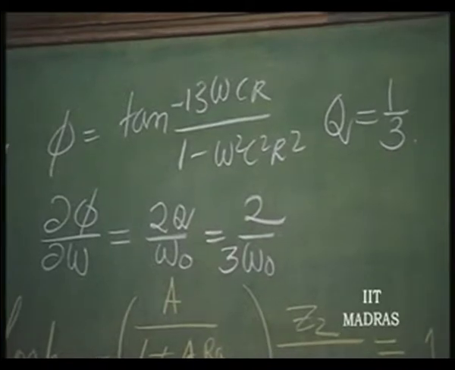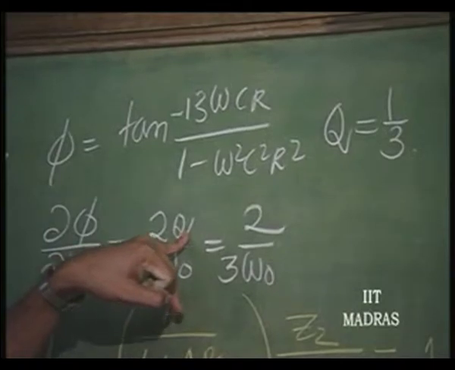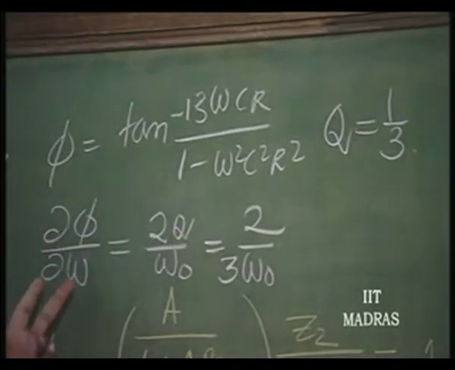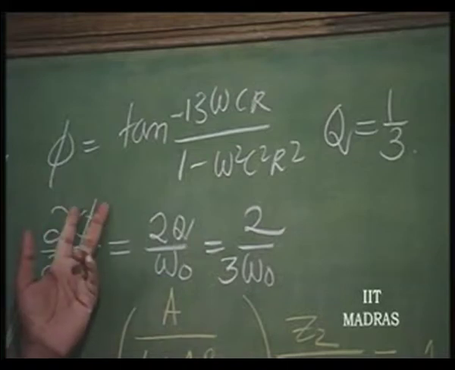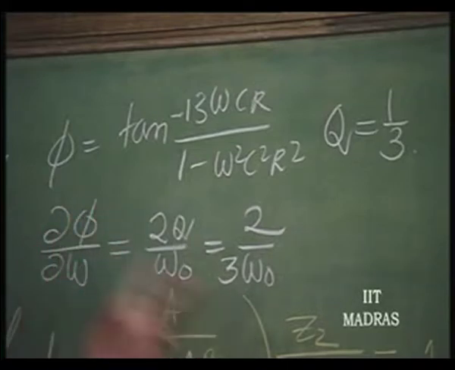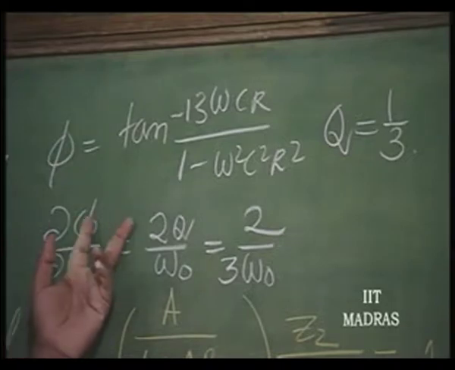Whereas, in the previous example q was equal to 500. So, you could see that by a small change in frequency you could reach the required phase change. Here you require considerable change in frequency in order to have a particular phase change. What is the phase change required?